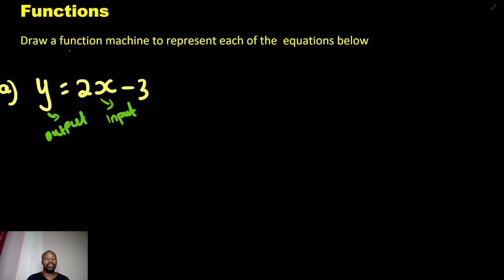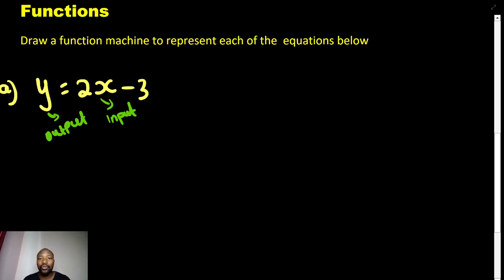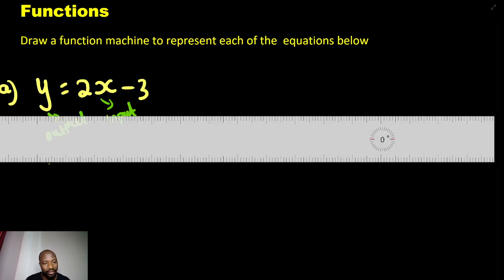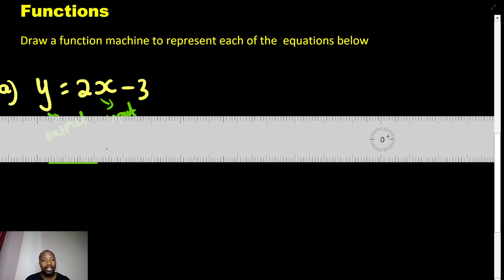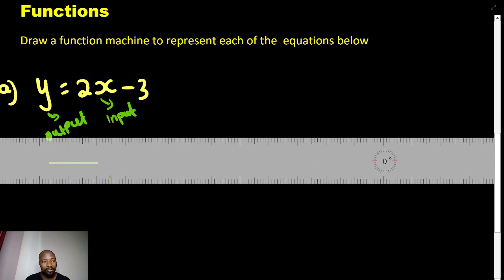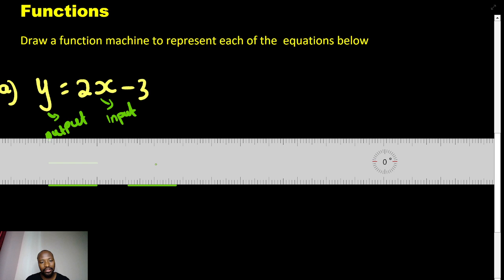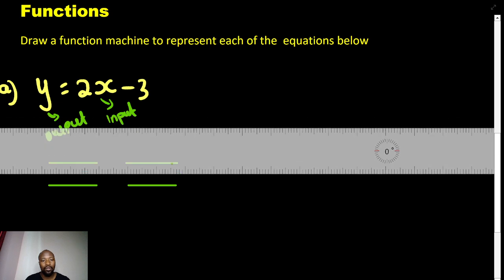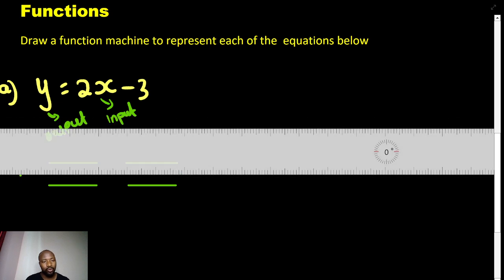So let's just draw this function machine very quickly. So I'll have my ruler here. The problem of function machines is sometimes a little bit easy, but not that easy. So let me be a little bit quicker. I'll not use words. So we have two operations, so let me just use the two operations here. And then we are going to have the output.